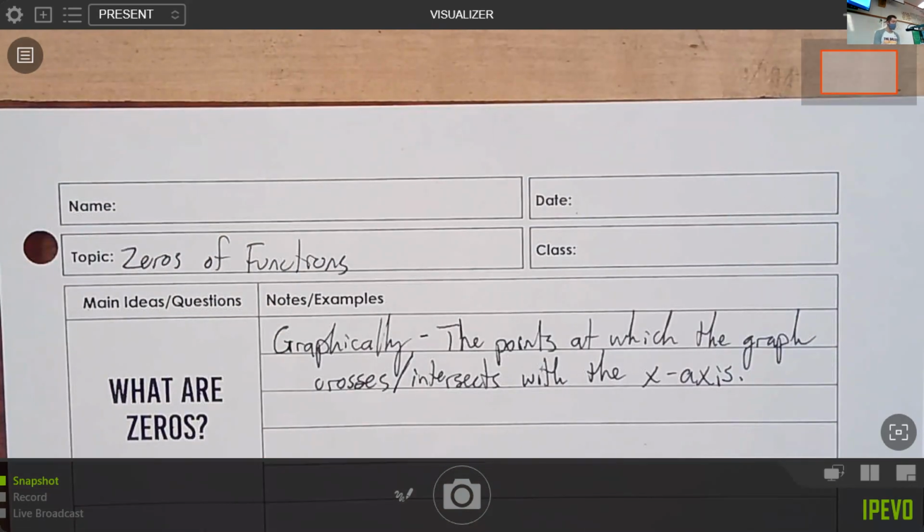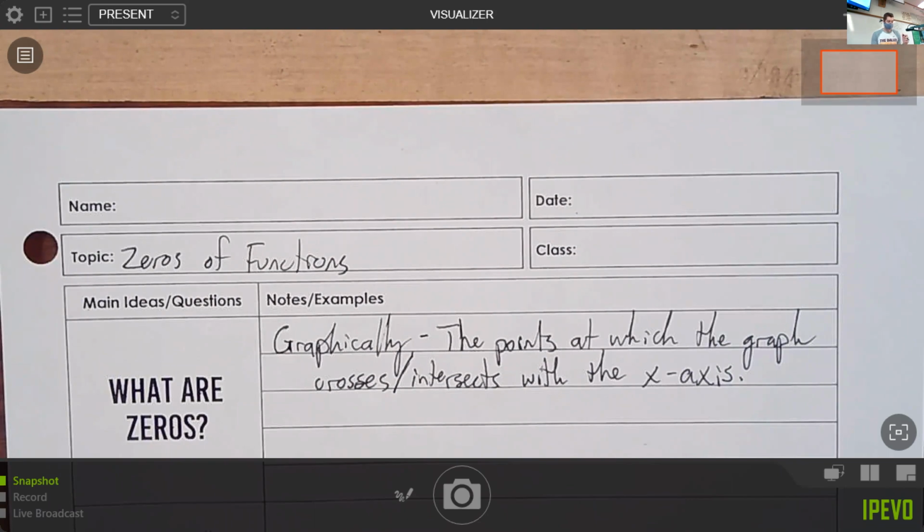So on a graph, to find a zero, all you are looking for is where the line crosses the x-axis. And you just give the x value for that. That's it. So we'll get there in just a second.